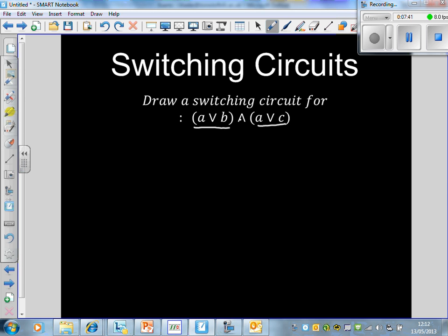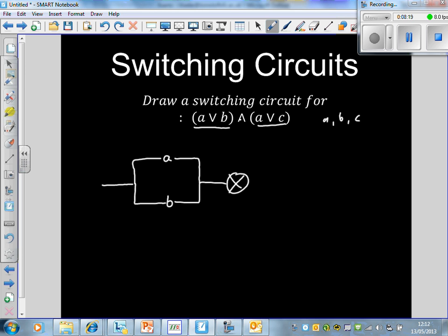We've got A or B and A or C. We've got three variables here: A, B, and C. First of all, we want to represent A or B. That is done by having circuits in parallel. This is the switching circuit which represents A or B.